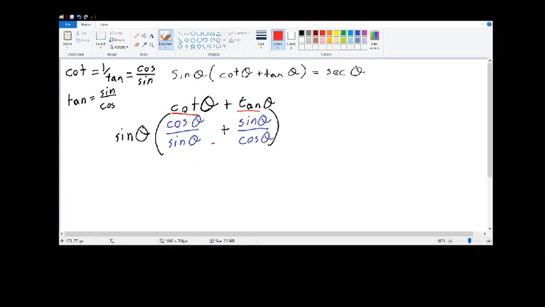So why not join together all of these sines into one equation rather than separating one off to the side? So that's why I'm thinking of doing distribution.